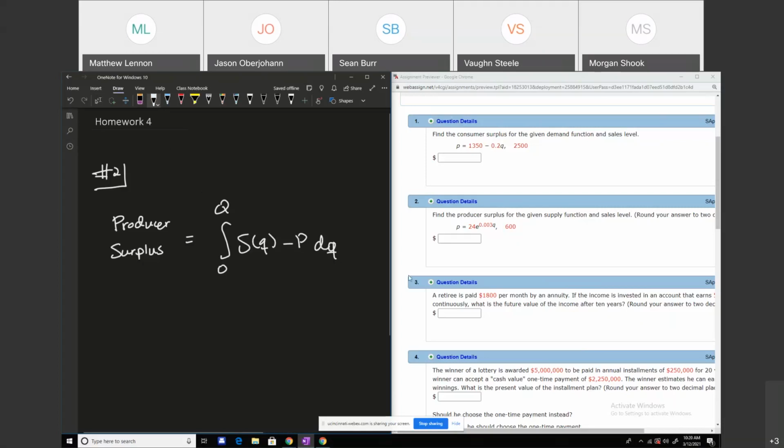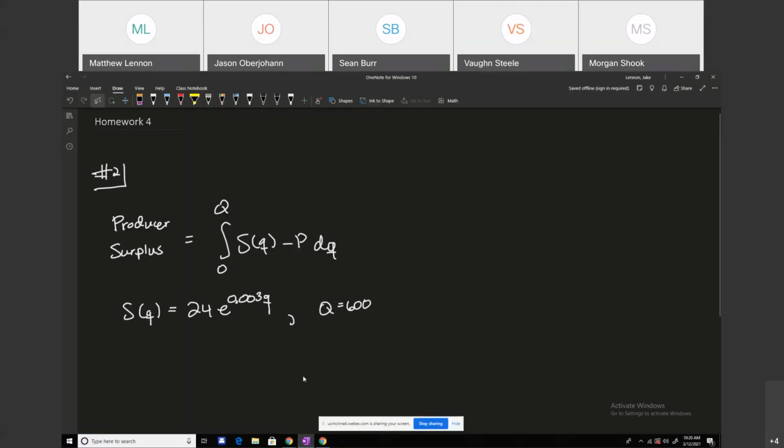So they give us the quantity, so we find capital P. So here we have S of Q is equal to 24 e to the 0.003 q. So the decimal place is here. And we're given capital Q is 600.